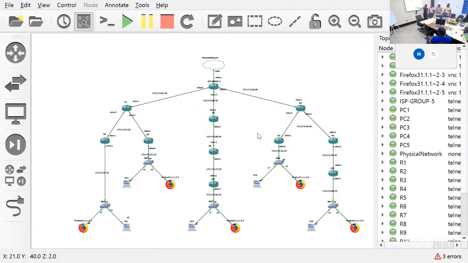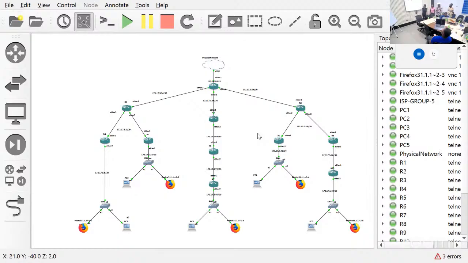Router 1 is connected point to point to the ISP router, even router 2 and router 3. While router 4 and router 5 are bridged to router 1. Then they are connected to a switch. Then PCs and the Firefox browsers are connected to it.